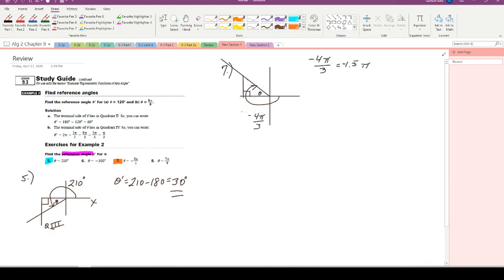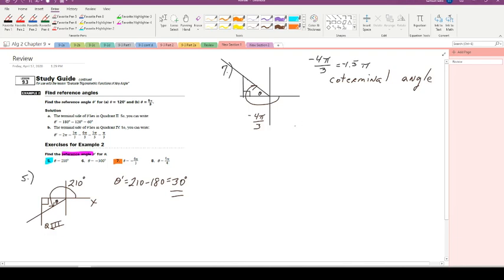That means I have to find the positive reference angle, because this is the coterminal angle. The coterminal angle is what I have to find out.